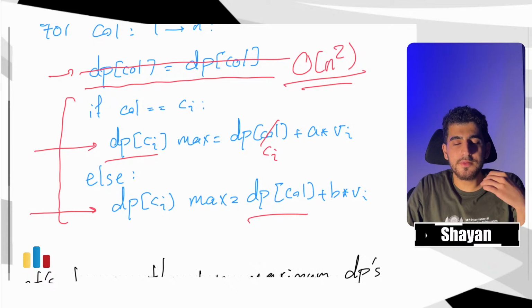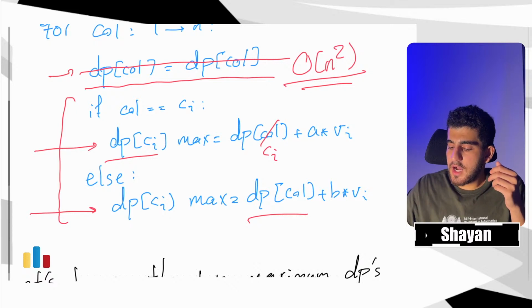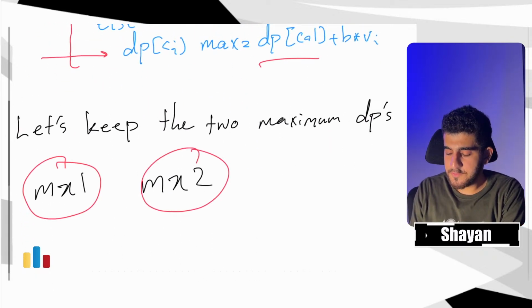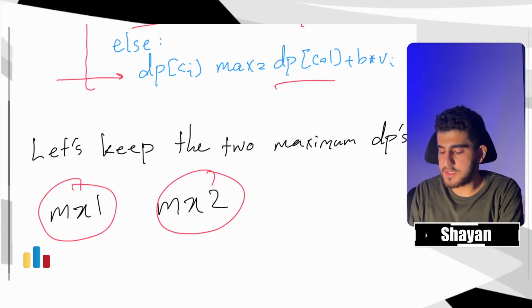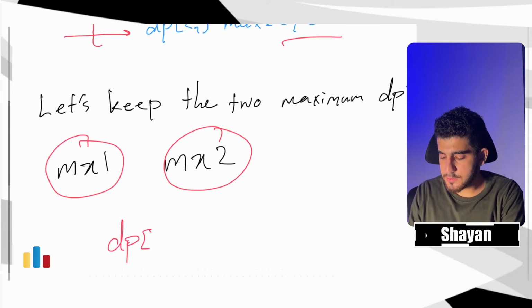I can update it from the maximum possible DP of col. If I keep the two maximums, at most one of them is equal to DP of CI.